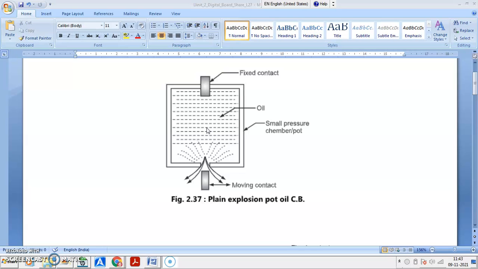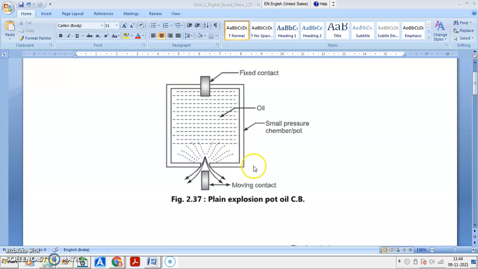For very high fault current, tremendous pressure will be developed because of the decomposition, and the high pressure of the gas may cause explosion or bursting of the pot also.